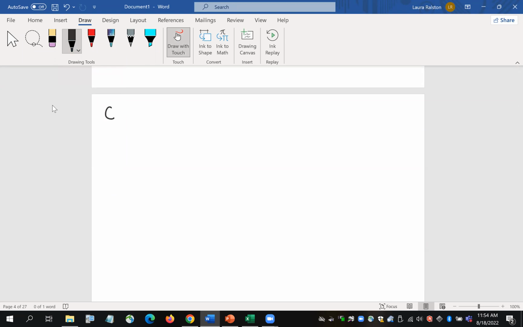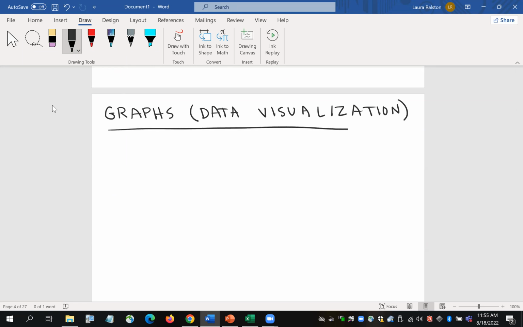If we're talking about graphs, which are our tool for data visualization, there's one set that we use for qualitative data and some that we use for quantitative data.